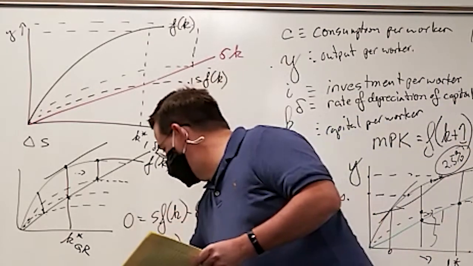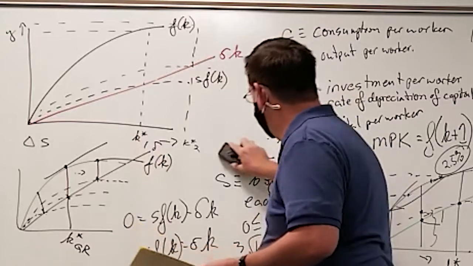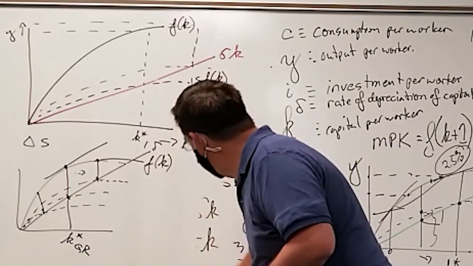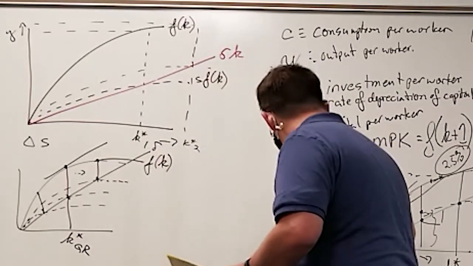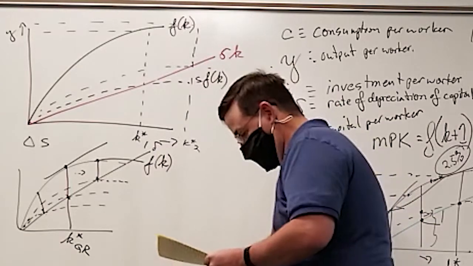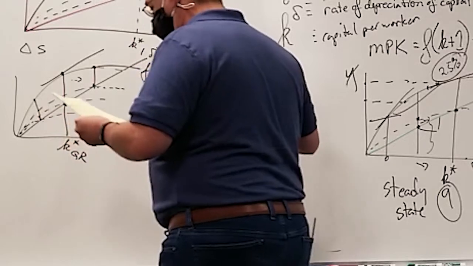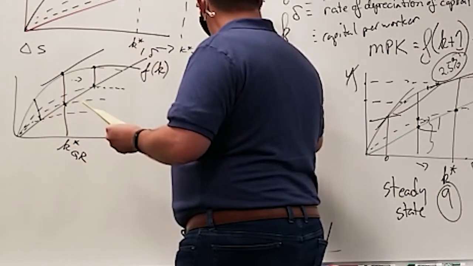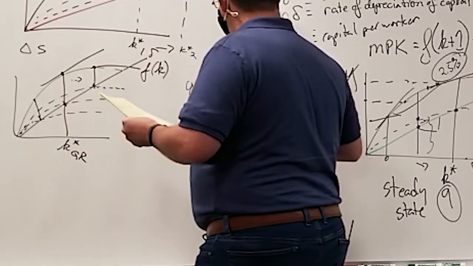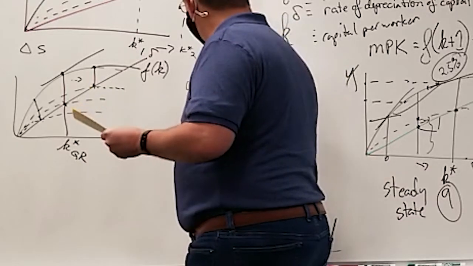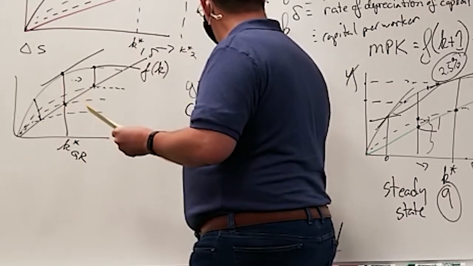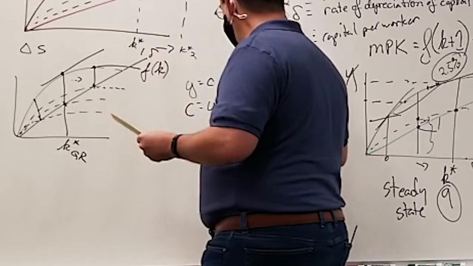How can I formalize this chunk of what I've done? I can remind myself that output is equal to consumption plus investment. I can rearrange this and say that consumption is equal to output minus investment.